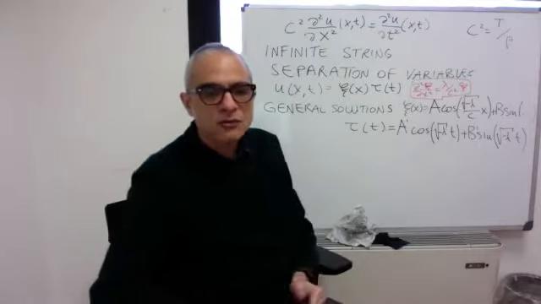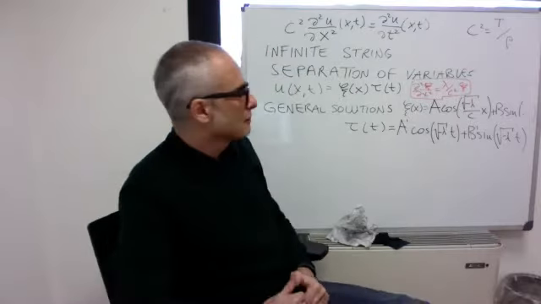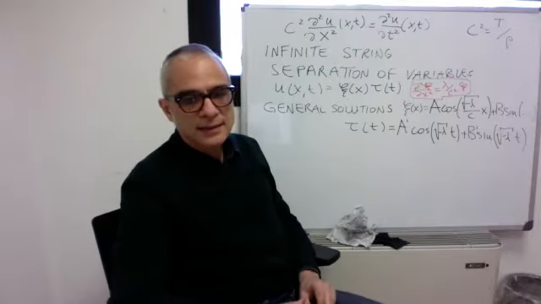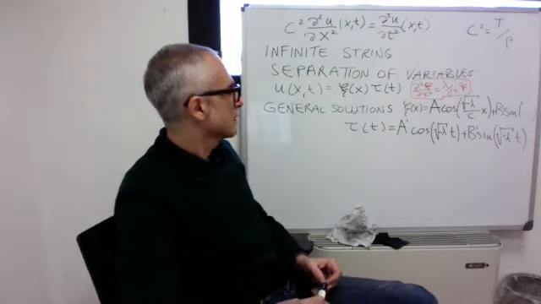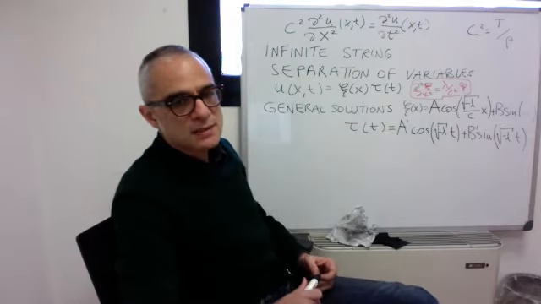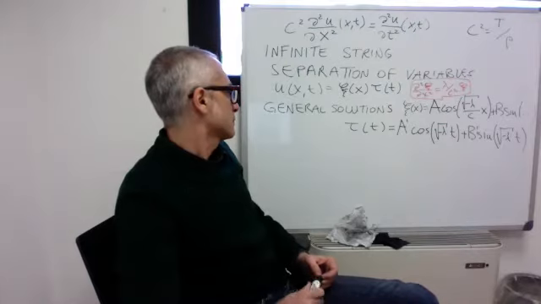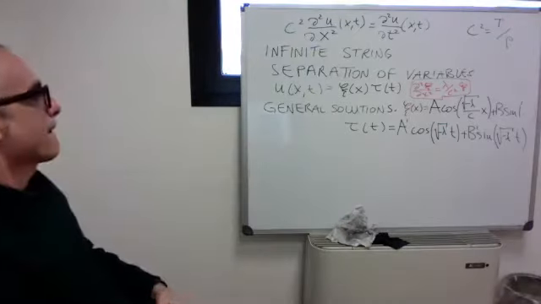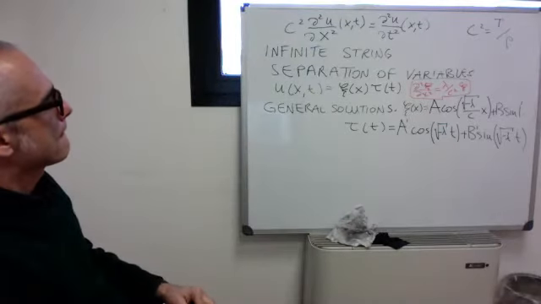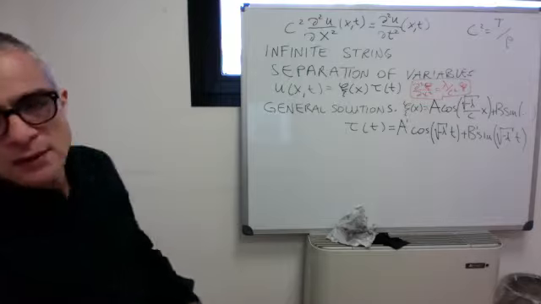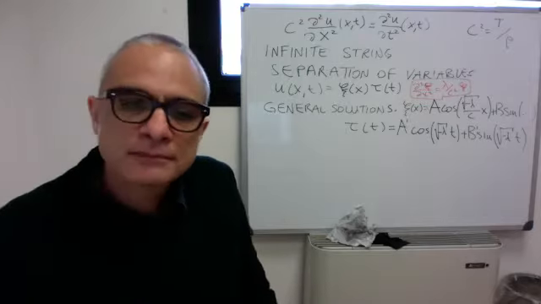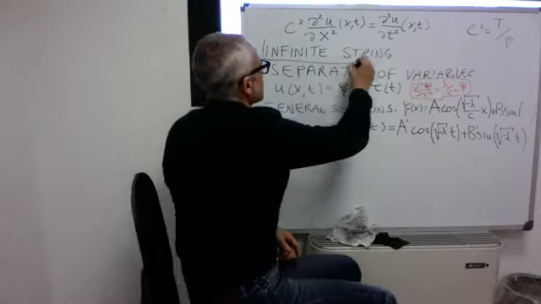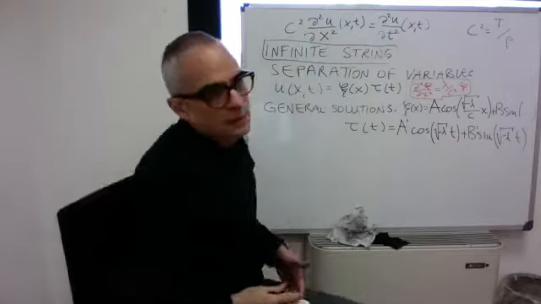I didn't give you a mathematical proof for that, but sine and cosine are indeed linearly independent from one another, and so this is enough. Good. So that solves our abstract infinite string problem.